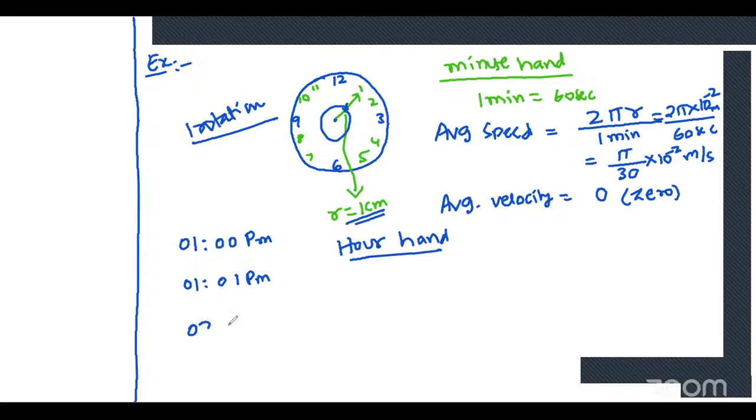Let us consider the time from 3 p.m. to 4 p.m. That means initially the time is 3 p.m., and then it will reach 4, 5, 6, and so on. When the hour hand will complete one rotation.